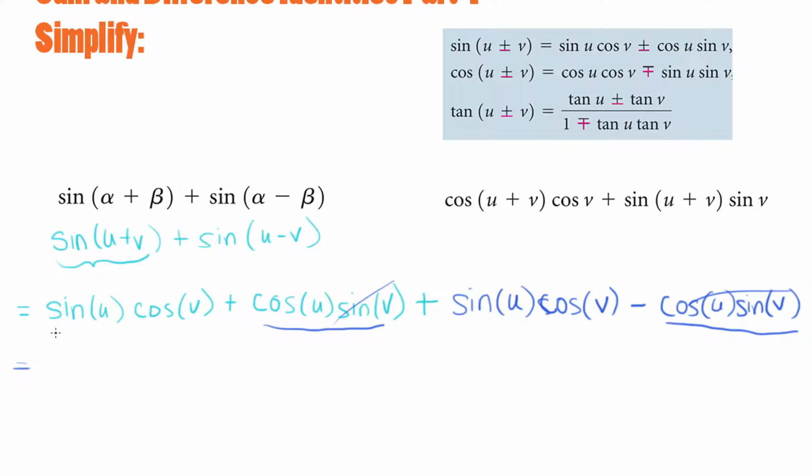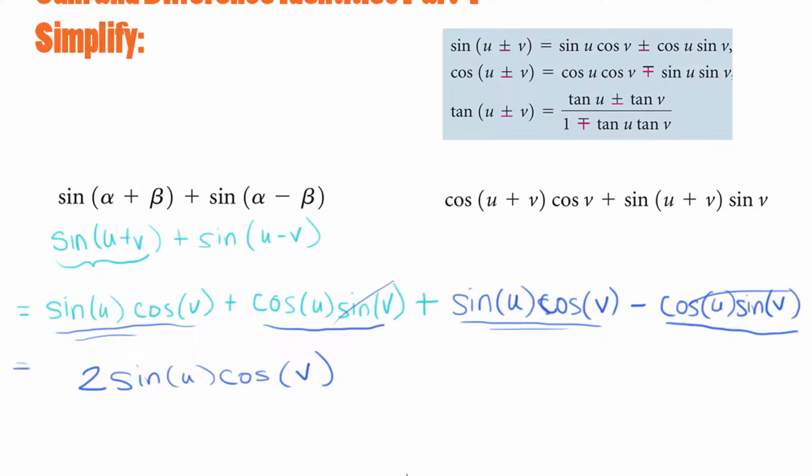And then these terms are also the same, but since they're plus, sine of u cosine of v plus sine of u cosine of v is just 2 times sine of u cosine of v. And that is the answer for the first one.